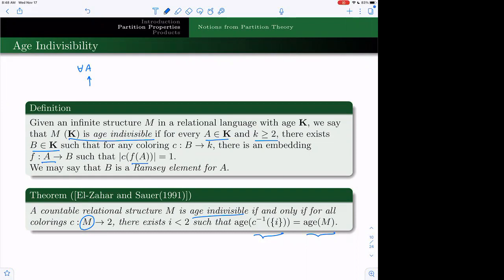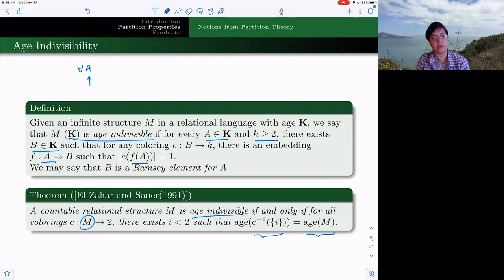Well, one thing that I noticed is if you have different 1-types, there's no hope. Sometimes in Sauer's work there's that assumption that the automorphism group is transitive on elements of the model. In order to be age indivisible, you need that. You need just one 1-type. Otherwise, you could color according to the type, and then you wouldn't.